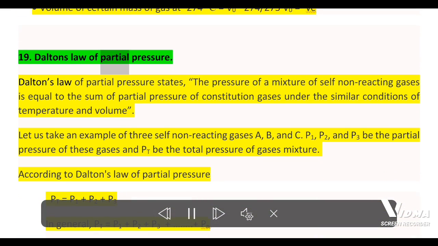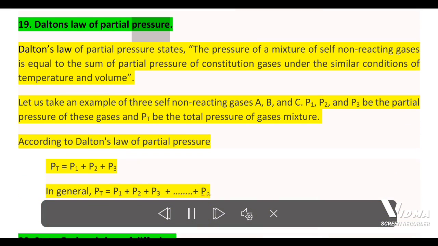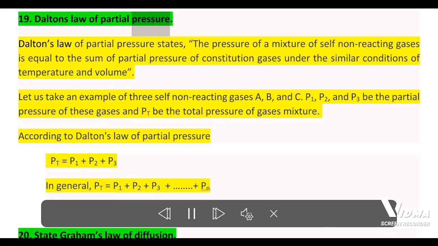19. Dalton's law of partial pressure. Dalton's law of partial pressure states, the pressure of a mixture of non-reacting gases is equal to the sum of partial pressures of constituent gases under the similar conditions of temperature and volume.